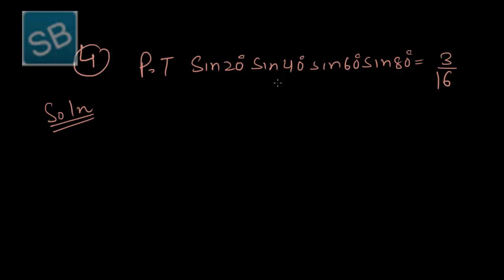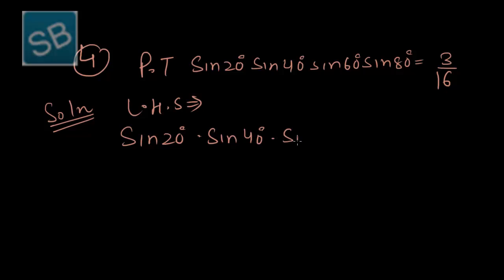So we will do it turn by turn. By taking the left hand side, we have sin 20 degree into sin 40 degree into sin 60 degree into sin 80 degree. We have the value of sin 60 degree, that is root 3 by 2.